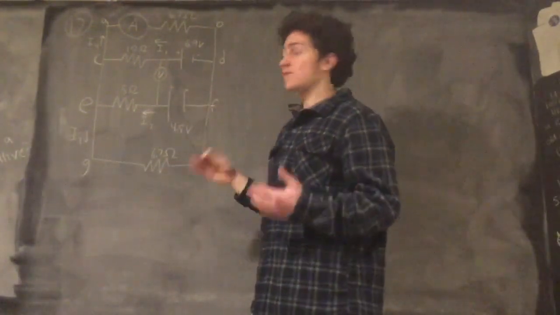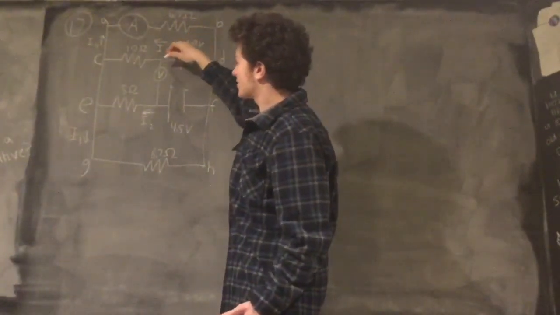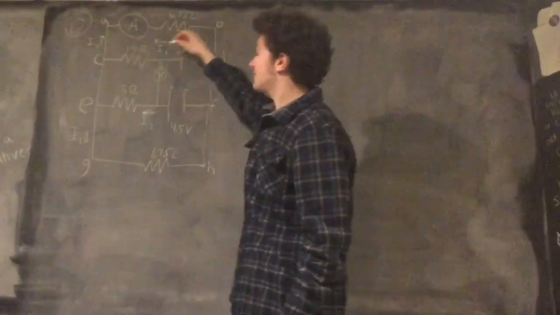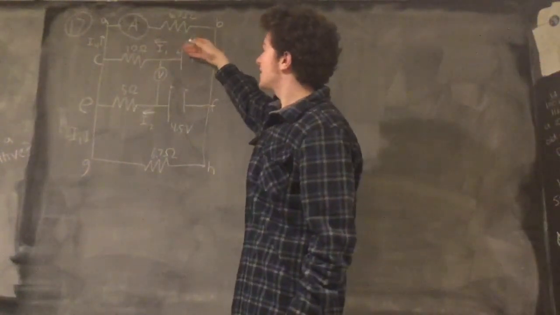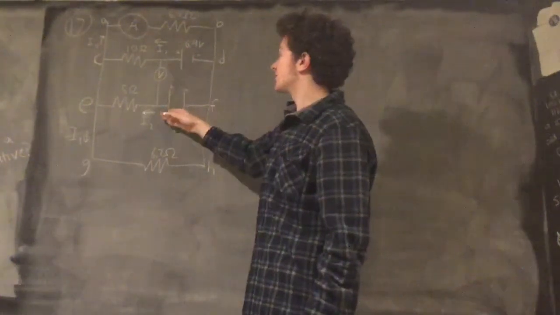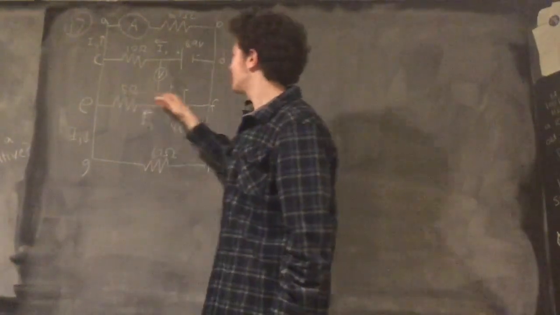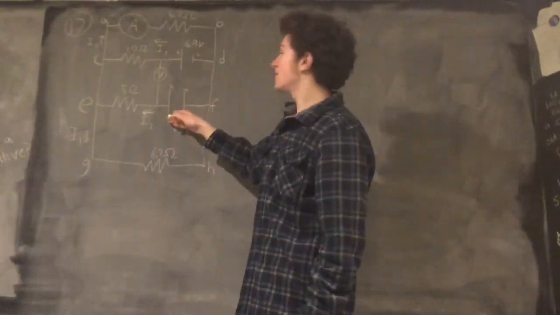And when I first looked at this problem, I realized that the current from here in this wire is probably going this way, because this is where the high potential is, and we know the current always points away from the higher potential. Similar thinking down here, we got the current number 2 pointing away from the positive terminal of the battery.